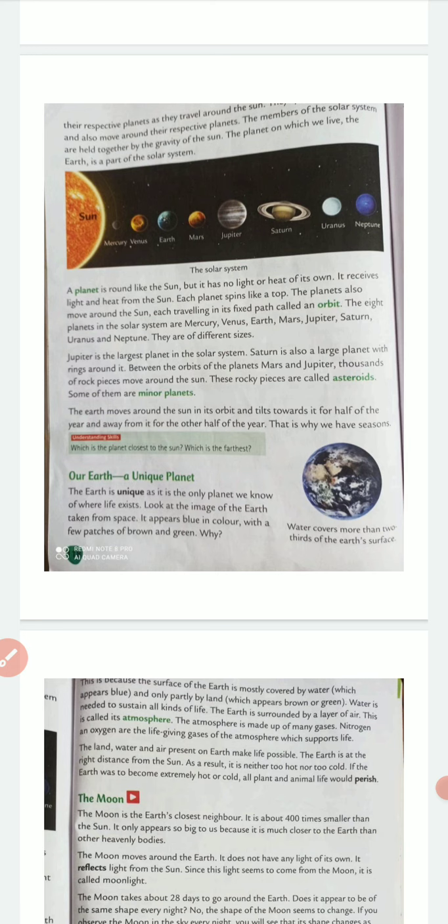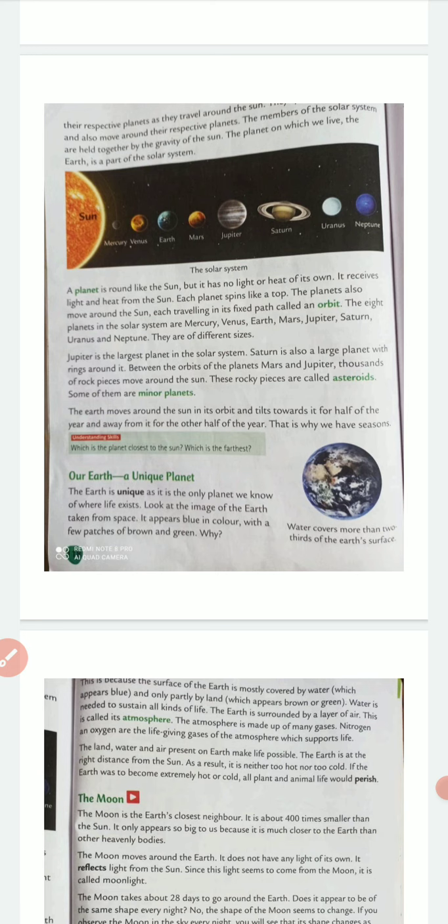Earth is one of the planets, and all the planets do not have their own light or heat. They receive heat and light from the Sun. Asteroids: between Mars and Jupiter, thousands of rock pieces move around the Sun, and these rocky pieces are called asteroids.